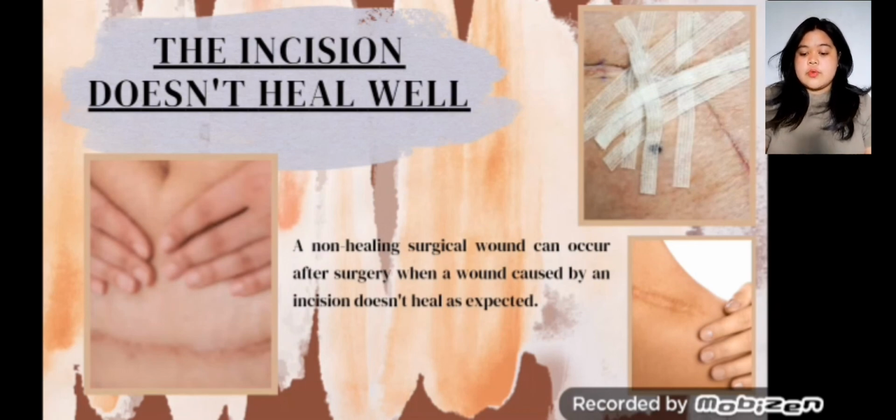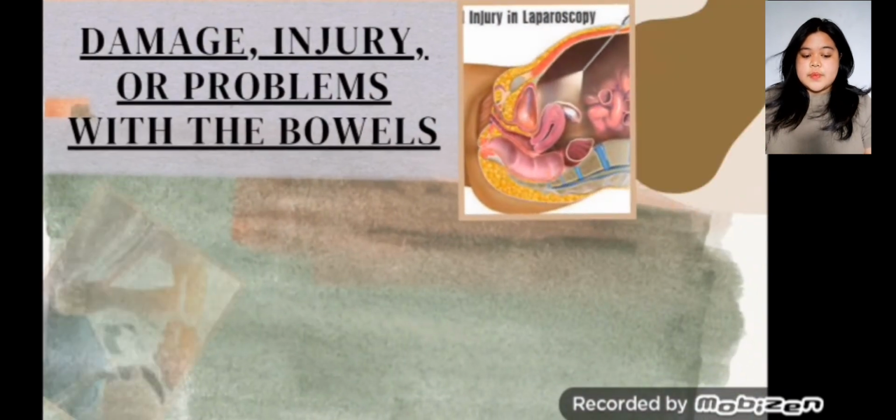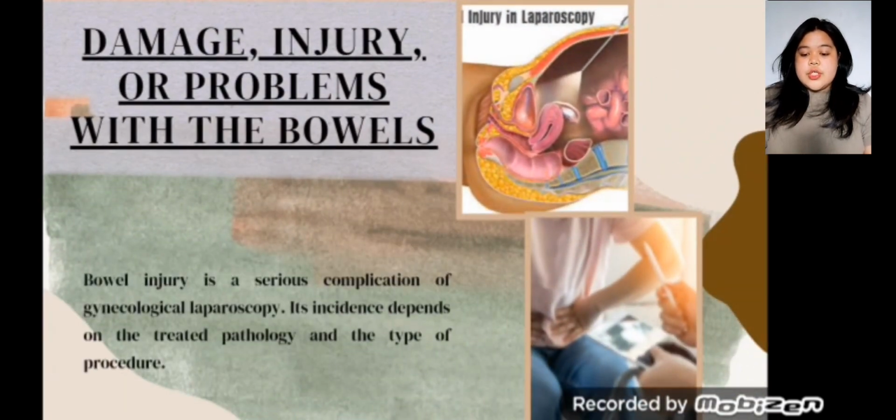So, next is damage, injury, or problems with the bowel. Bowel injury is a serious complication of gynecological laparoscopy. Its incidence depends on the treated pathology and the type of procedure. When the intestine is injured, the patient may develop stomach pain and a tight, distended belly.